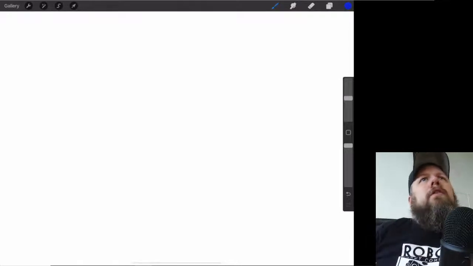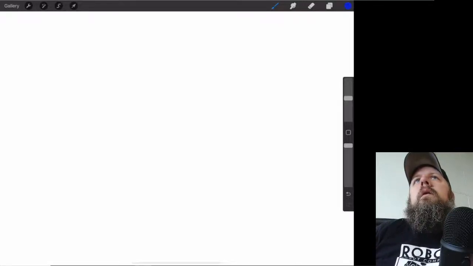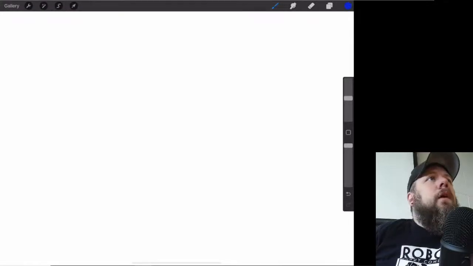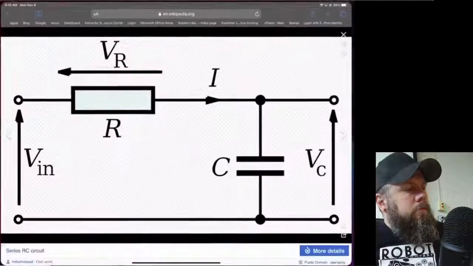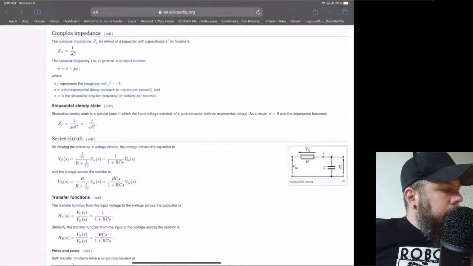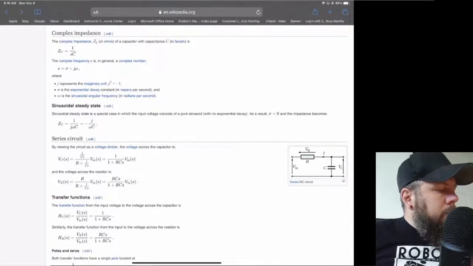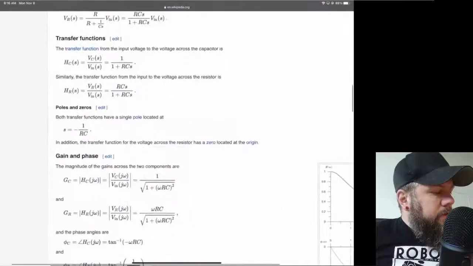Y'all know that I showed you that at some point the two resistances were equal, that might mean something in a little bit.